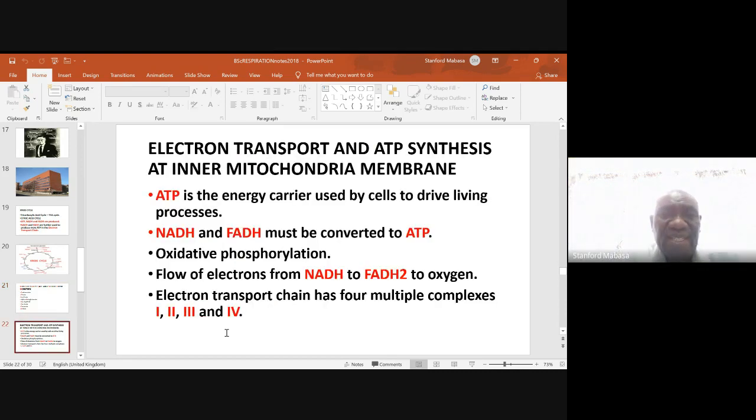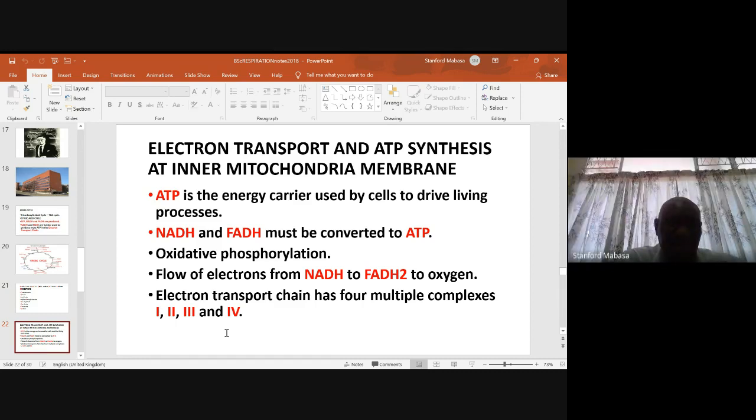Then we move on to the electron transport and ATP synthesis at the inner mitochondrial membrane. Remember, ATP is the energy carrier used by cells to drive living processes. NADH and FADH must be converted to ATP. Oxidative phosphorylation takes place here.